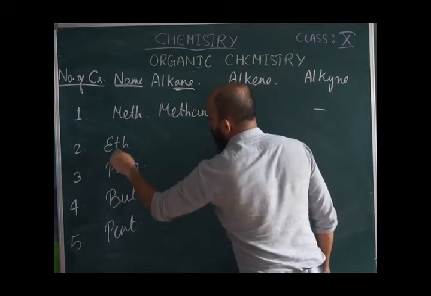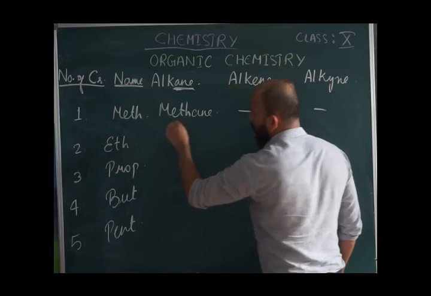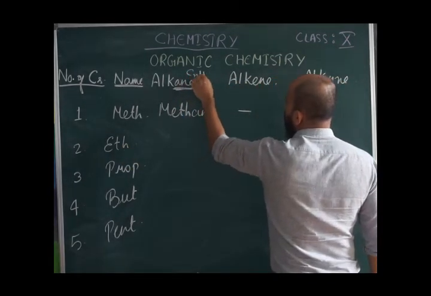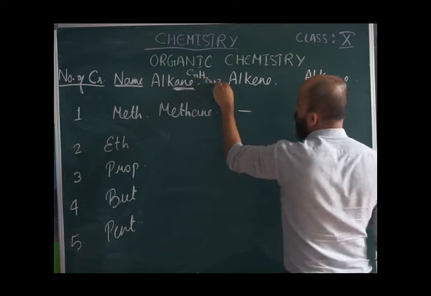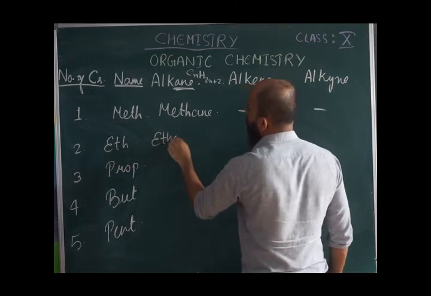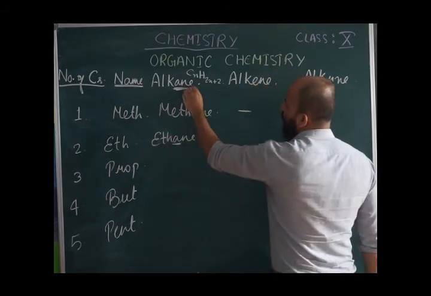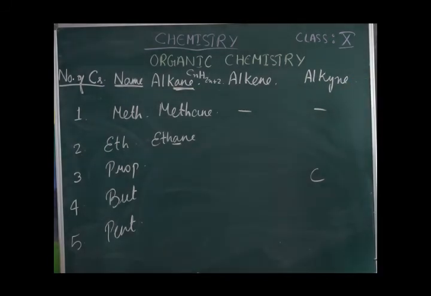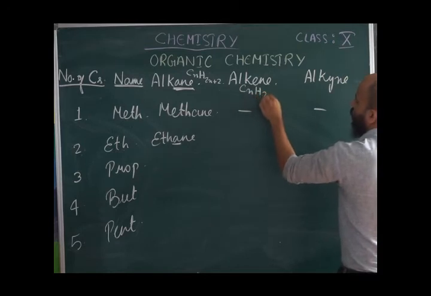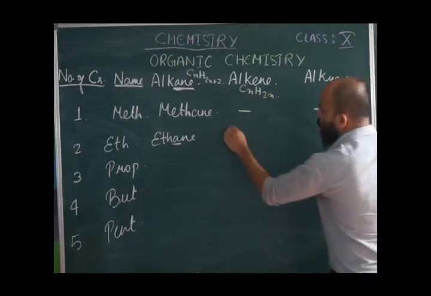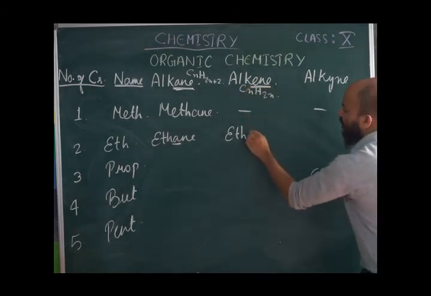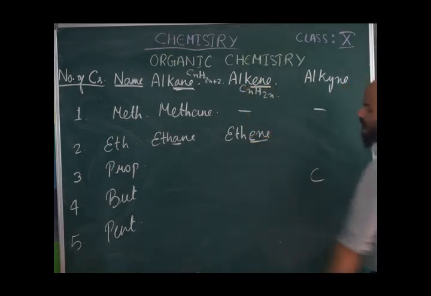If two carbon atoms, it is eth. And if it satisfies this general formula, that is CnH2n+2, the number of hydrogen atoms, then its name would be ethane, a-n-e, alkane. Now if it satisfies this general formula, CnH2n, then its name would be ethene, e-n-e.